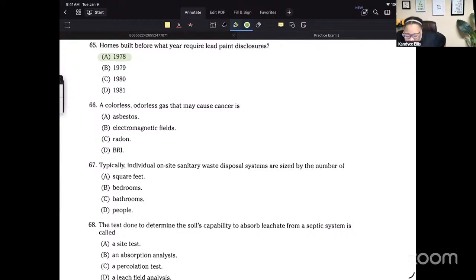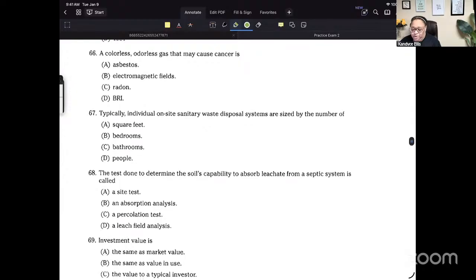Okay, let's see. 66. A colorless, odorless gas that may cause cancer: is it asbestos, is it electromagnetic fields, is it radon, or is it BRI? Claudia's got it.